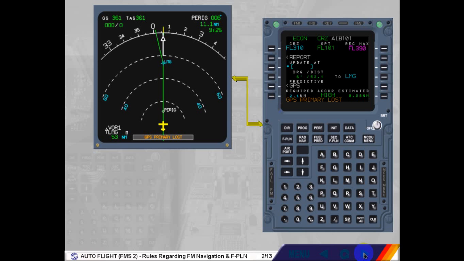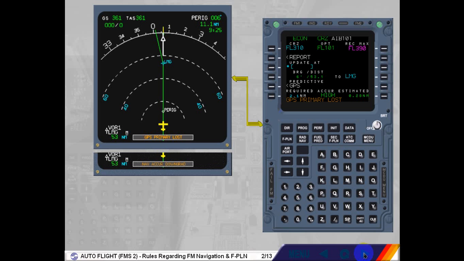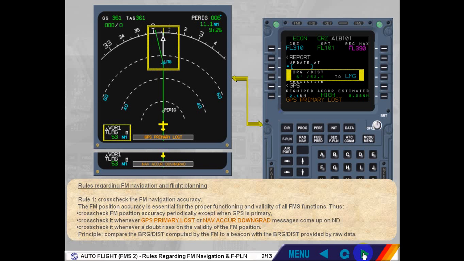Cross-check it whenever GPS primary lost or nav downgrade messages come up on ND. Cross-check it whenever a doubt arises on the validity of the FM position. Principle: compare the bearing distance computed by the FM to a beacon with the bearing distance provided by raw data.